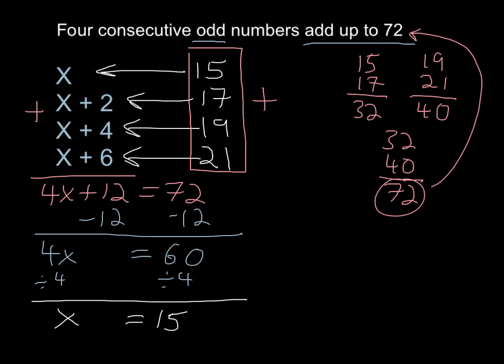All of these problems for the next few days are going to work the same way. Figure out the pattern of what the numbers need to be, add them up, set them equal to your sum, and then solve for the first number.